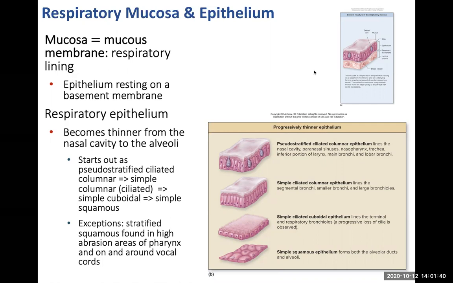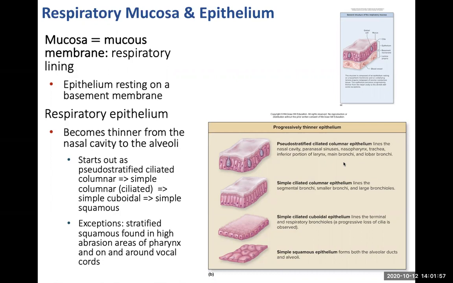And this tissue, as we talked about in 227, is ciliated, right? And something you'll notice is that there are tissue types that we're going to talk about that are not often ciliated, that are ciliated in the respiratory tract. Anyway, more on that to come in just a second.